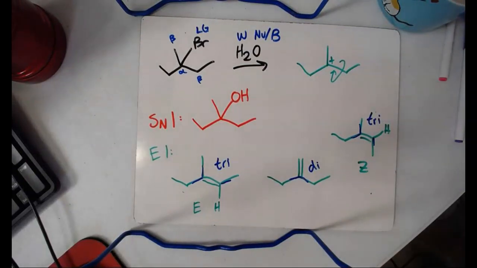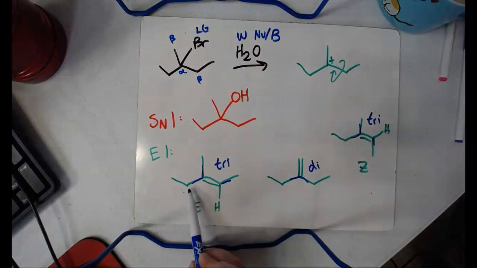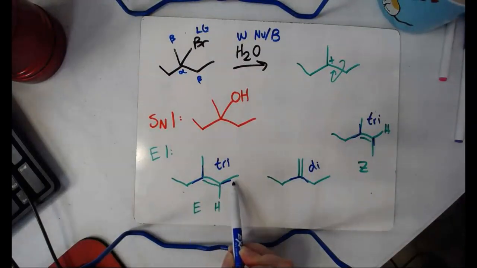We have 2 different ones to choose from. We have the E and we have the Z. The product is going to be based off of alkene stability. And when it comes to stereochemistry with alkenes, we want to have the biggest groups as far away from each other as possible. So we often say that we want to have the E or trans stereochemistry. Not totally accurate. We want to have the largest groups trans from each other. So in this case, on my carbon, the ethyl is the largest, and on the carbon on the right, the methyl is the largest.